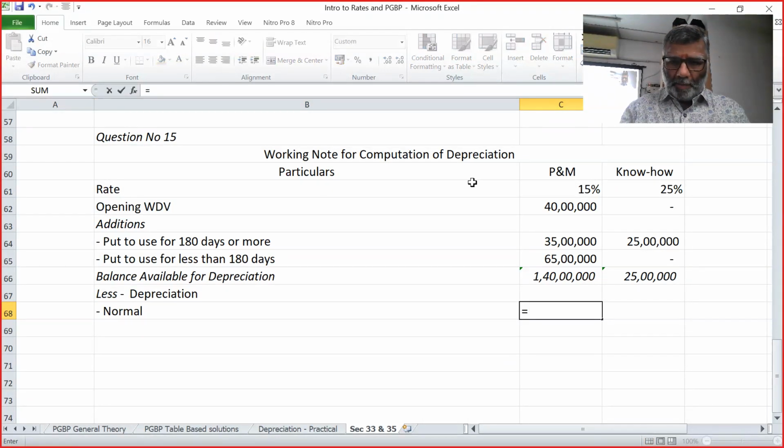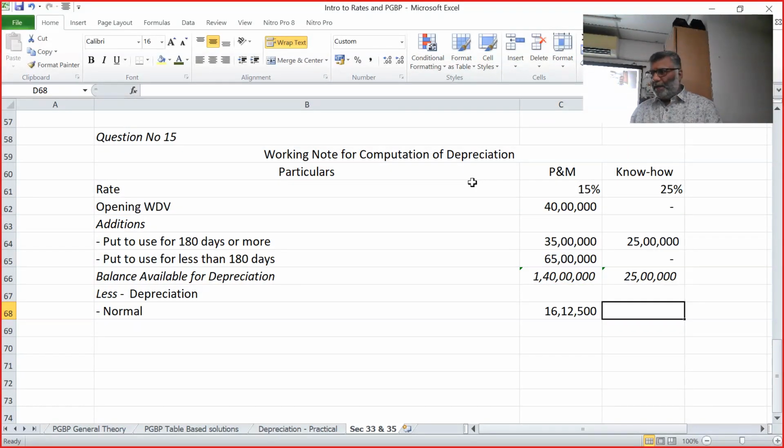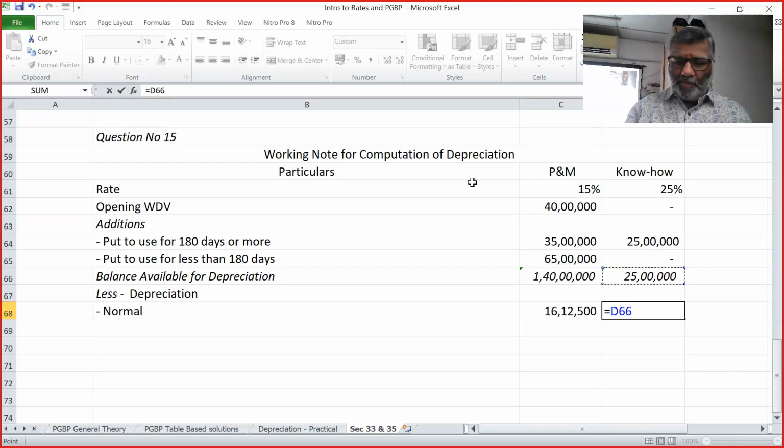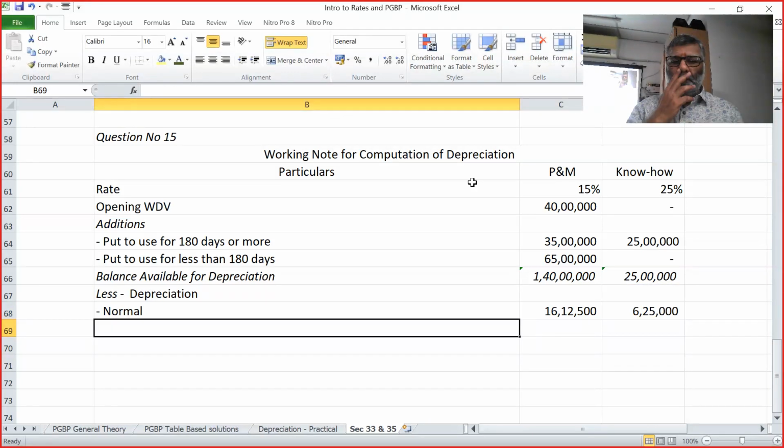Normal depreciation will be 65 lakhs into 7.5% plus the balance, that is 140 minus 65 lakhs, into 15%. Here it is direct, 25 lakhs into 25%.